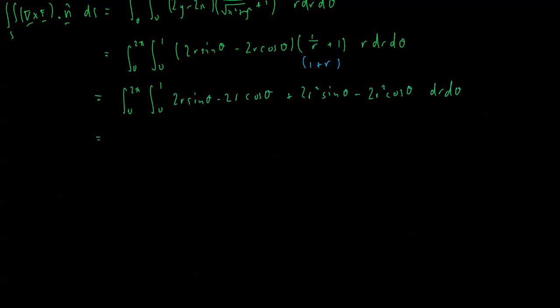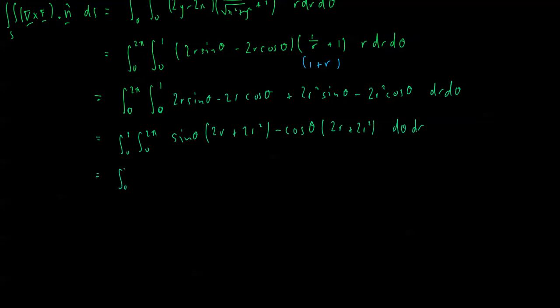So I might swap the order of integration. So 0 to 1, 0 to 2 pi, factorize my sine thetas, so I've got 2r plus 2r squared of them, and factorize my cos thetas. Minus cos theta, and I've got 2r plus 2r squared of those as well, d theta dr.